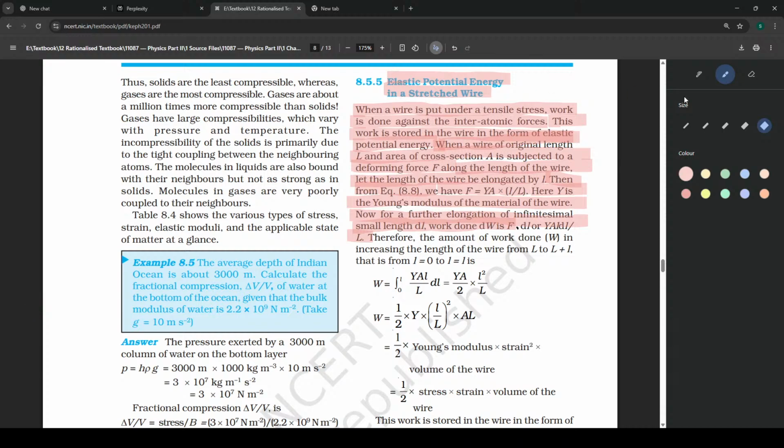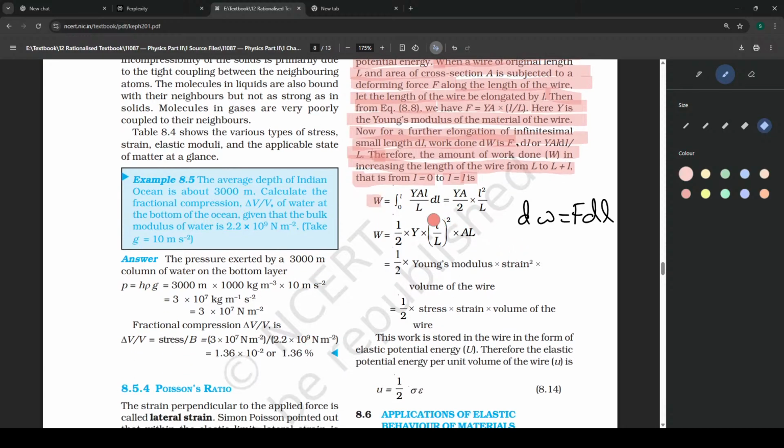We know the force is YAl by L, and substituting that here we get YAl dl by capital L. Therefore, the amount of work done W in increasing the length of the wire from L to L plus small l, that is, from 0 to l, we find using integration. Just apply the integration.